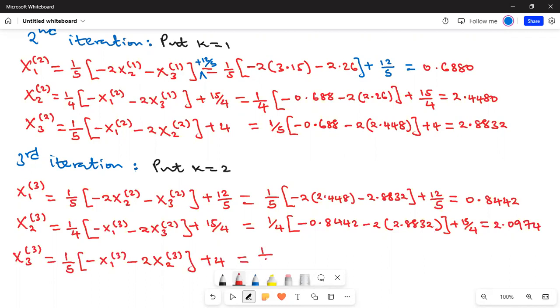Substitute, you get 1 over 5 negative 0.8442 minus 2x2 at level 3, that is 2.0974. You are adding this to 4. When you press this in your calculator, you need to get 2.9922.